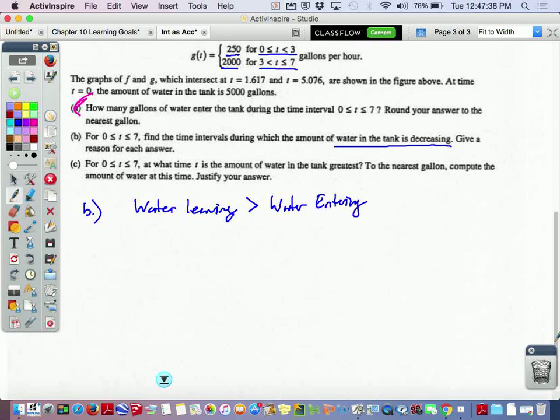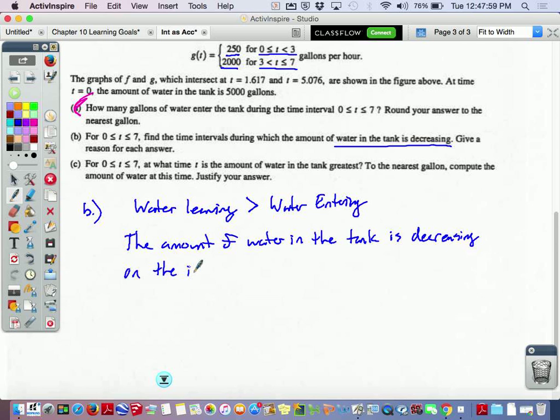So we could say the amount of water in the tank is decreasing on the intervals from 0 to 1.617.